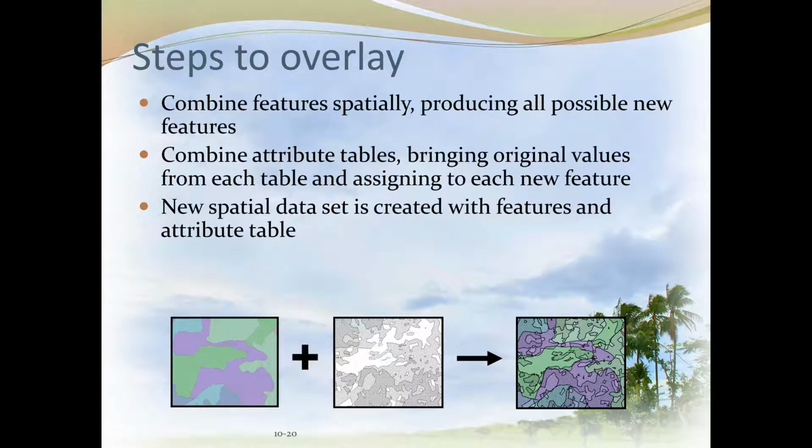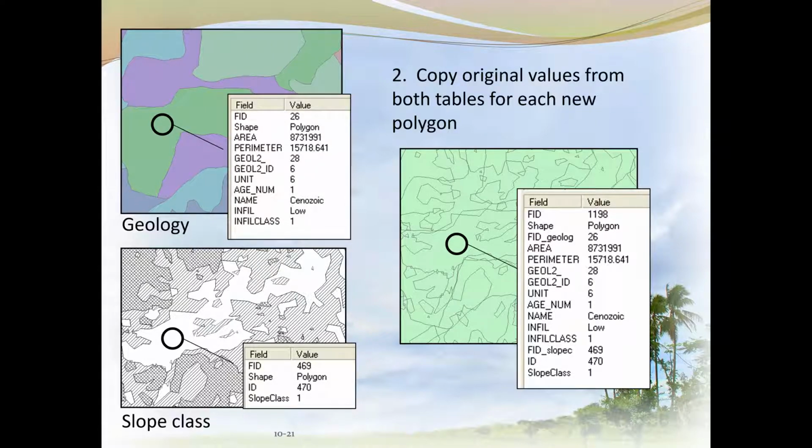A new spatial data set is created with these features and attribute table. So we have to look into the detail. For example, the green part, the feature has the name Cenozoic, and this part we have the slope, and we combine.